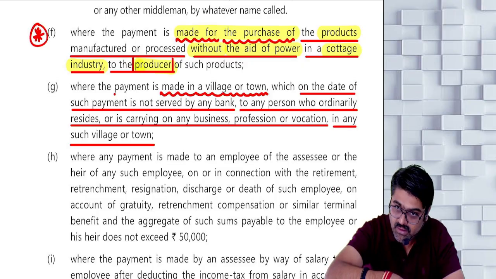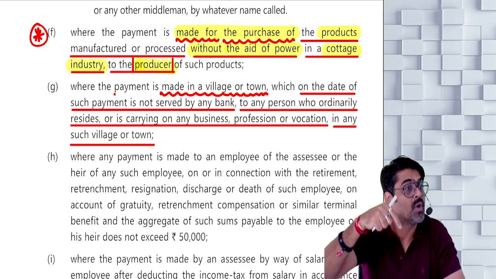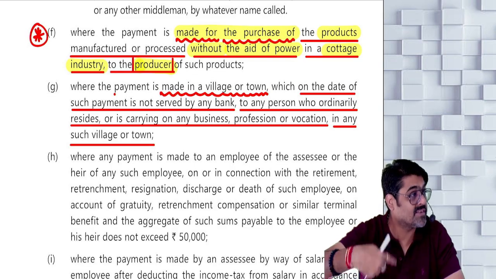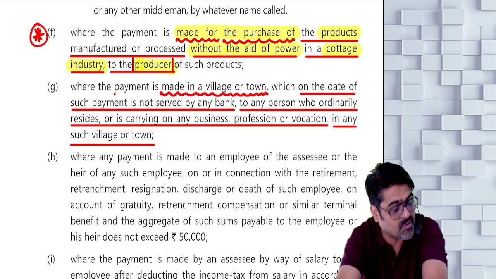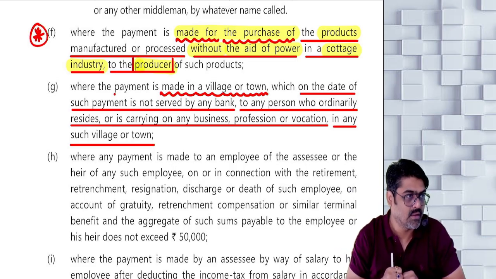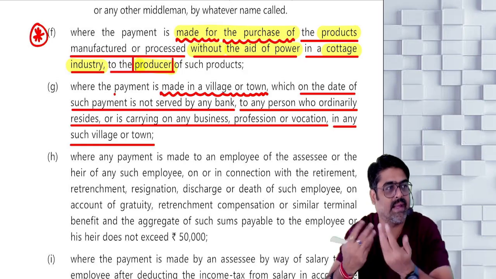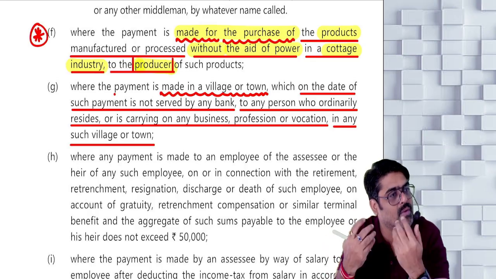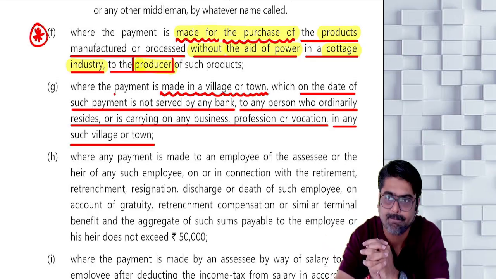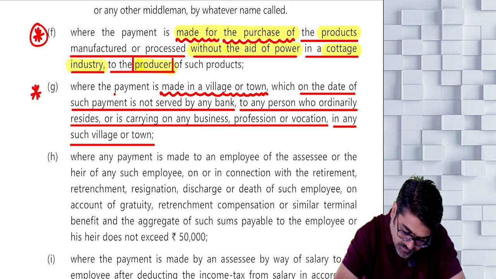So the person who ordinarily resides in that village or town, or who ordinarily does his business, profession or vocation in that village or town, and from that person if you have bought something for your business or profession, and to him if you are making the payment, you can make the payment by any mode. That payment will be allowed as a deduction. Understanding or not?